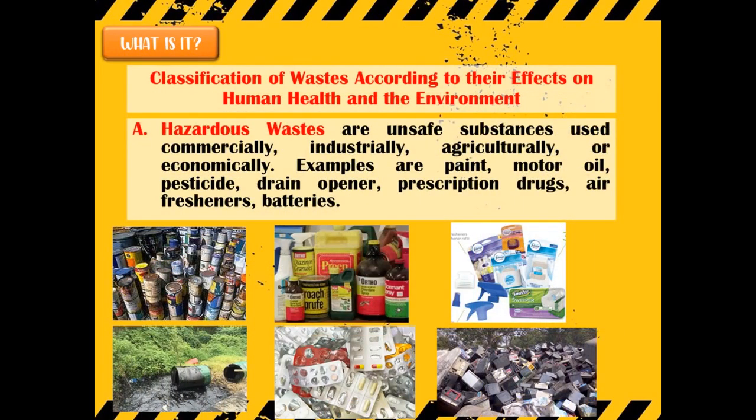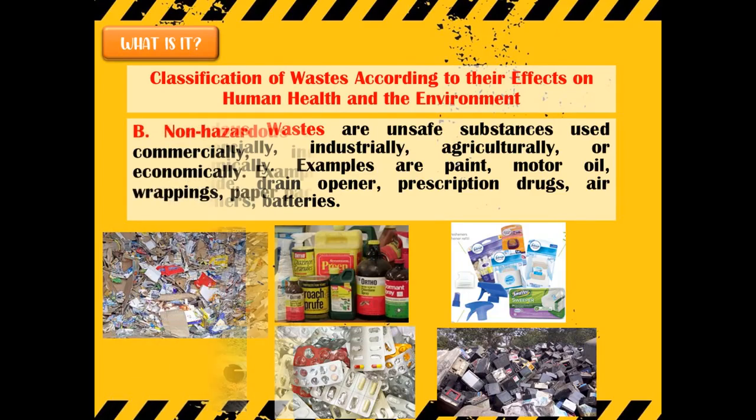Classification of waste according to their effects on human health and the environment. Letter A. Hazardous wastes are unsafe substances used commercially, industrially, agriculturally, or economically. Examples are paint, motor oil, pesticide, drain opener, prescription drugs, air fresheners, and batteries.